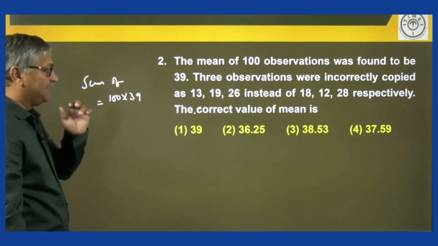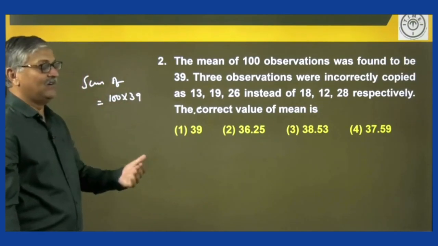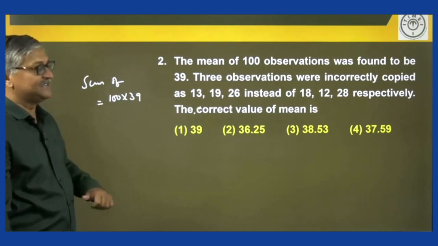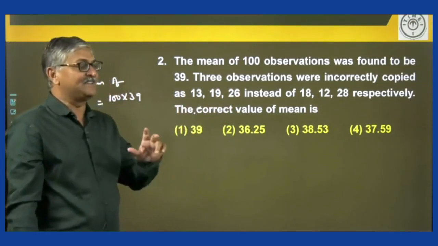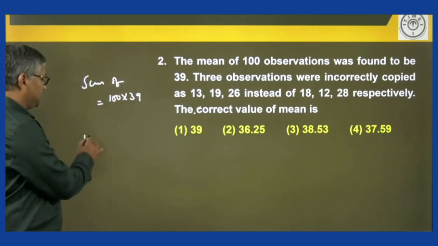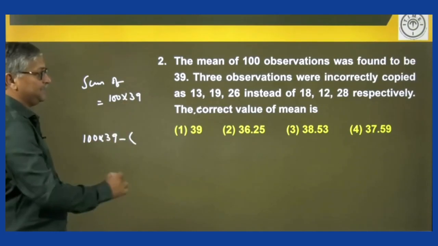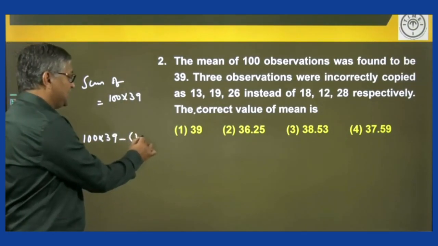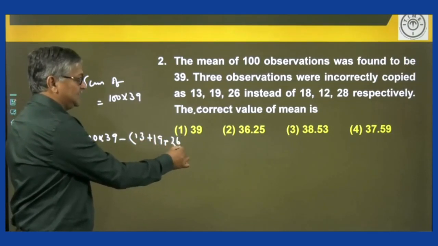Now, in this, some of the observations were wrongly taken. What are the wrong observations here? 13, 19, 26. These are the wrong observations. So from this total sum we have to subtract the wrong observations, 13, 19 and 26.